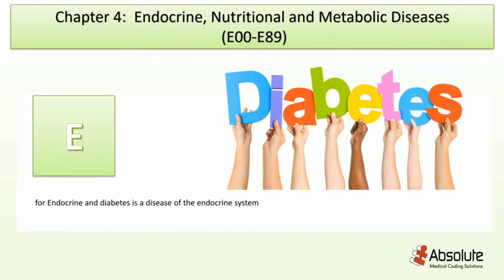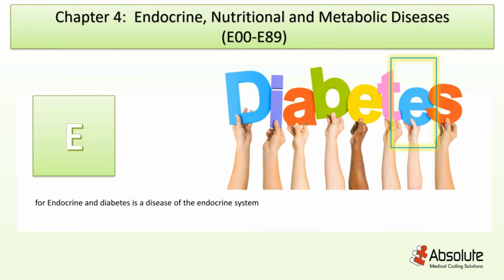Chapter 4 category codes all begin with the letter E. E is for endocrine, nutritional, and metabolic diseases. So if you have any endocrine condition, it's going to be under Chapter 4, and it's going to begin with the letter E. Now, the code series is E00 through E89, and when you think of E, endocrine, think of diabetes.